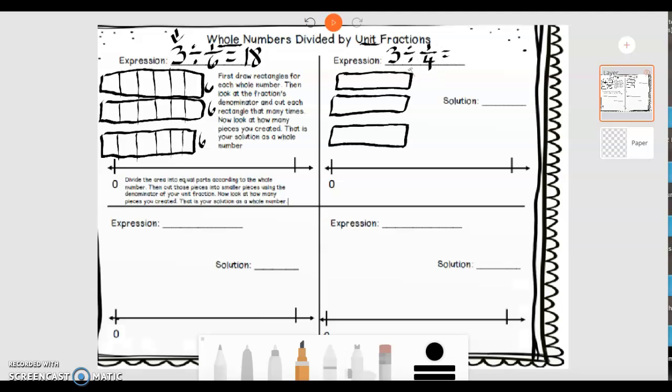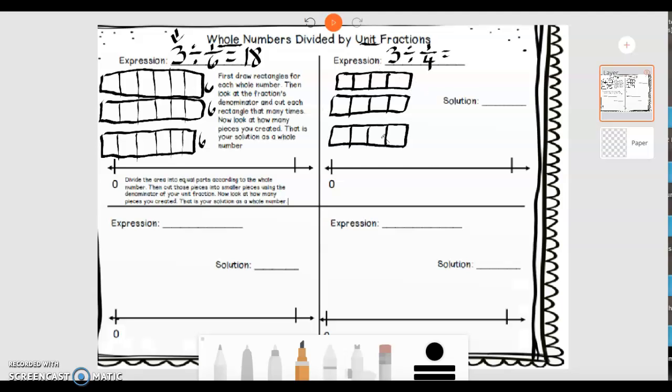When I cut each rectangle into 4ths, 1, 2, 3, 4, 4, and 4. I've cut each one into 4ths now.